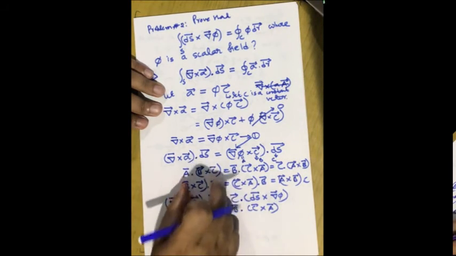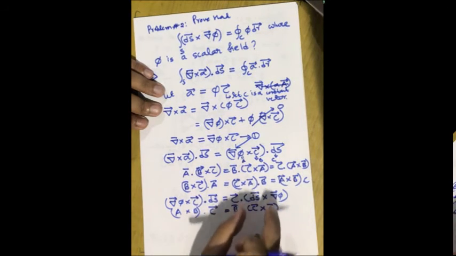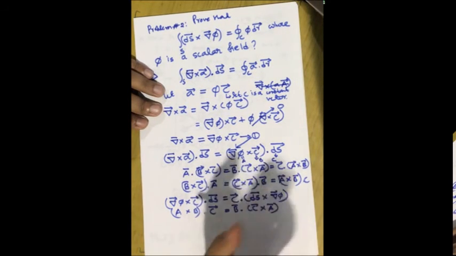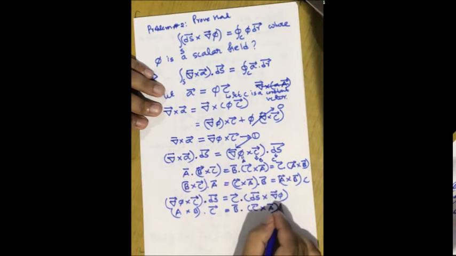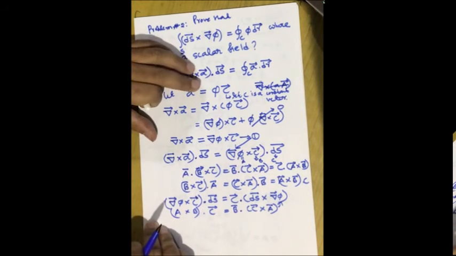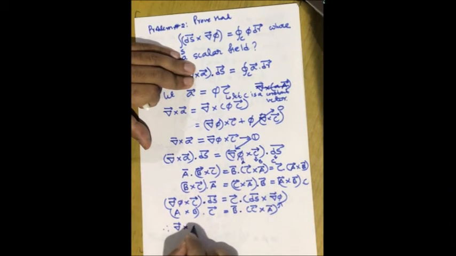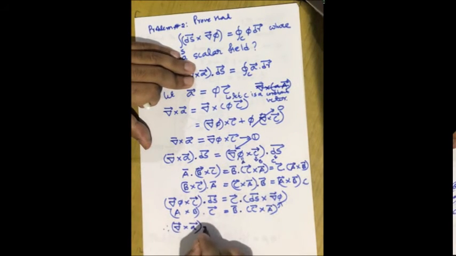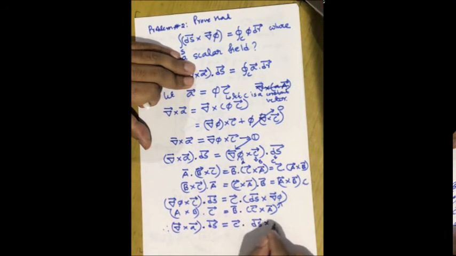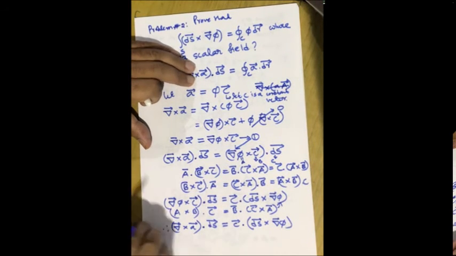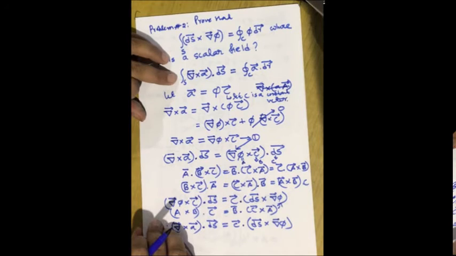This similar rule we have applied here. Therefore we can finally write del cross A dot ds vector is equal to C dot ds cross gradient of phi. Okay, this is the final expression which we have found.